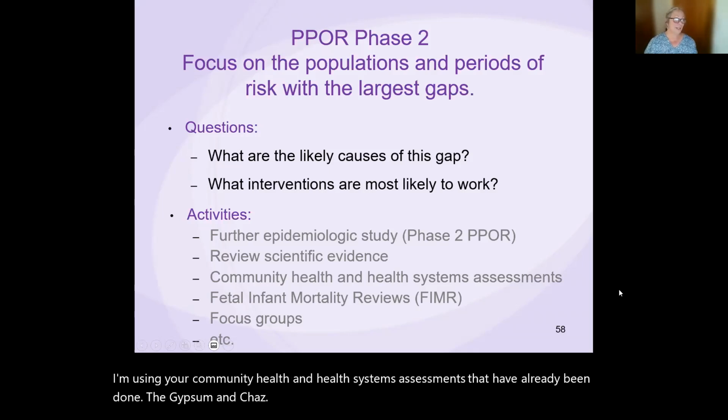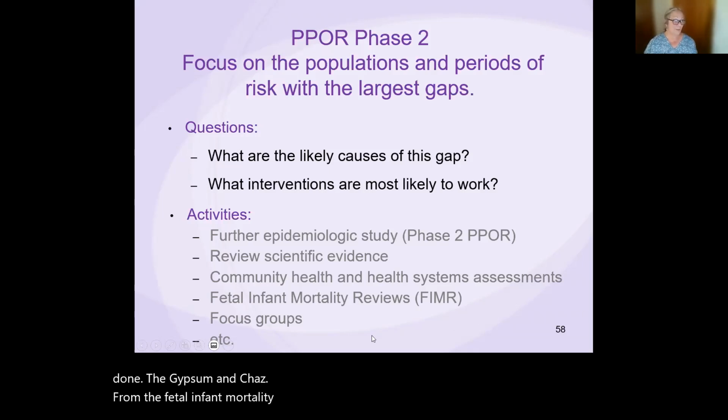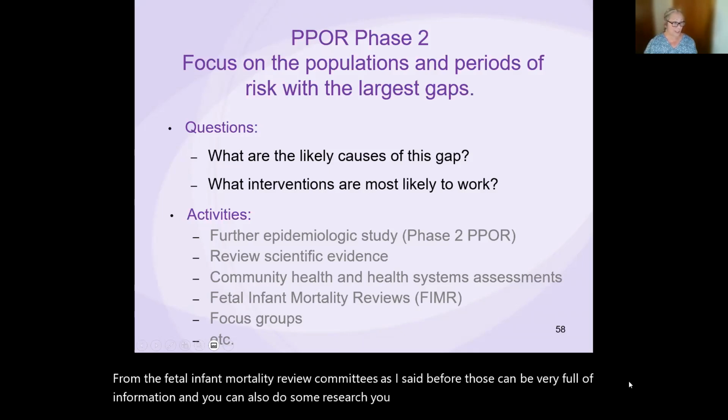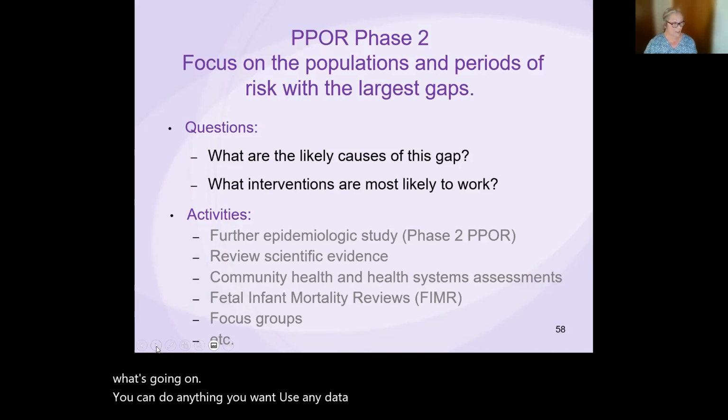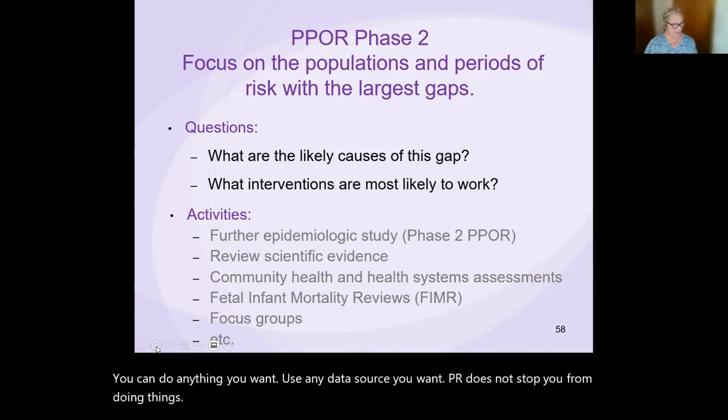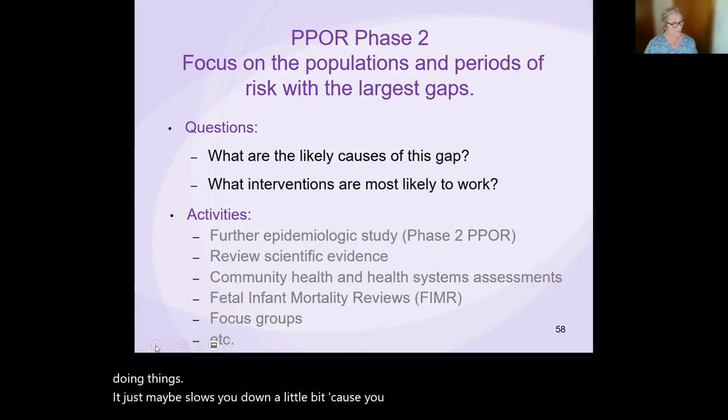The fetal infant mortality review committees, as I said before, those can be very full of information. And you can also do some research. You can do focus groups to help understand what's going on. You can do anything you want, use any data source you want. PPOR does not stop you from doing things. It just maybe slows you down a little bit because you have to think about quality.